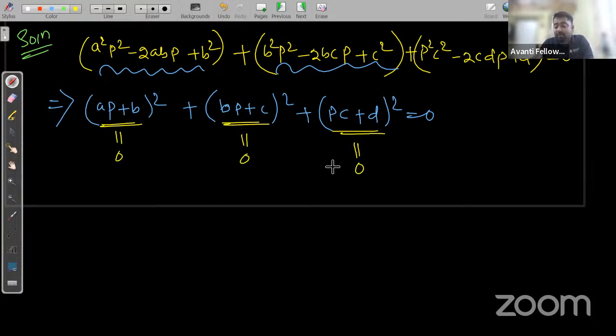This is the only case when the sum of three perfect squares gives you 0. That means here I am getting AP minus B is equal to 0, BP minus C is equal to 0, and PC minus D is equal to 0.